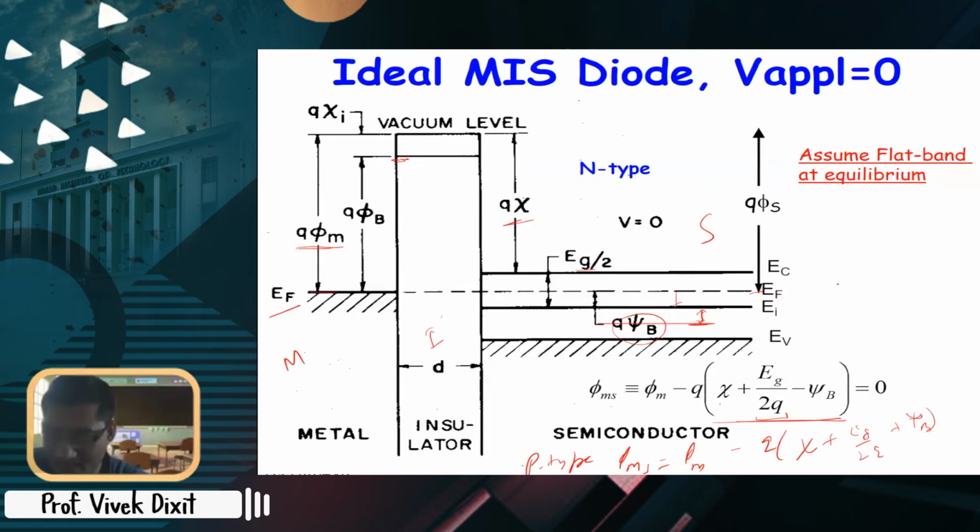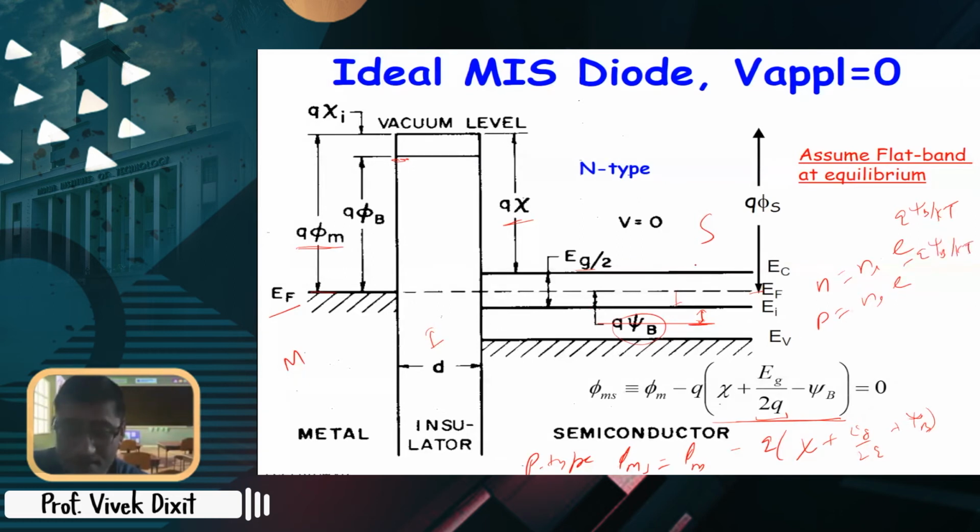And can you relate this psi b with carrier concentration? So here n will be Ni exponential EF minus EI by KT, right? So this is Q psi b by KT. And what about the p concentration here? Again, Ni exponential EI minus EF by KT, so minus Q psi b by KT.